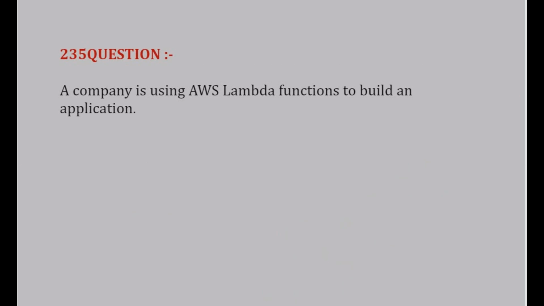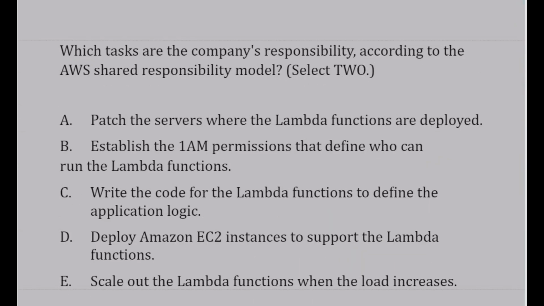Question is, a company is using AWS Lambda functions to build an application. Which tasks are the company's responsibility according to the AWS shared responsibility model? Choose two options. Option A, patch the servers where the Lambda functions are deployed.